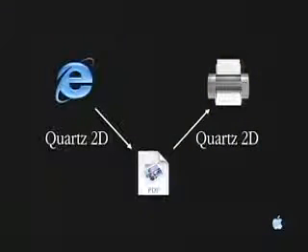We use Quartz 2D heavily even for Carbon applications, which may be calling QuickDraw to draw their pages. What I've depicted here is Internet Explorer on the left, which is a Carbon app running against the Carbon runtime, calling QuickDraw to draw its pages.